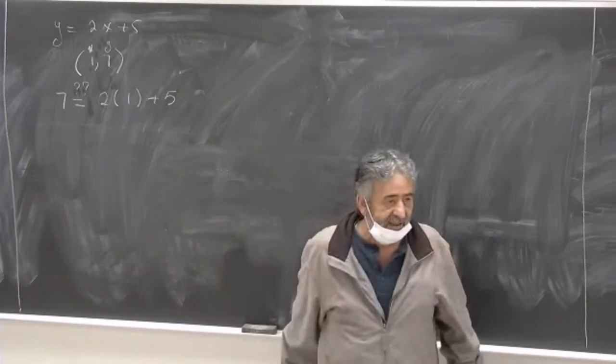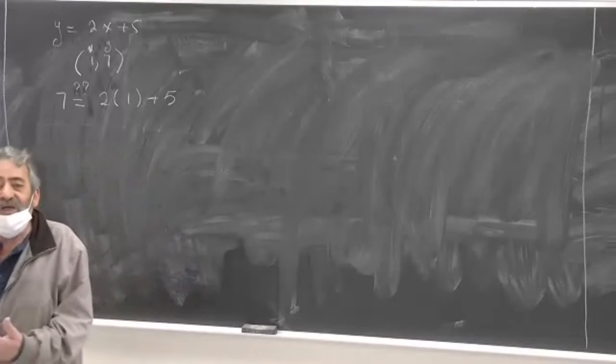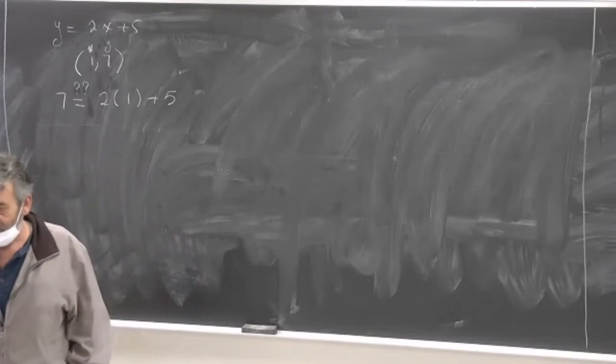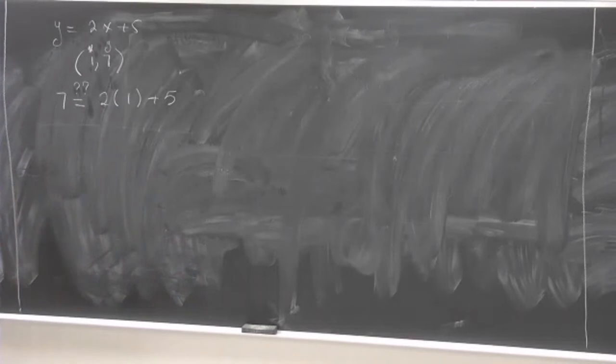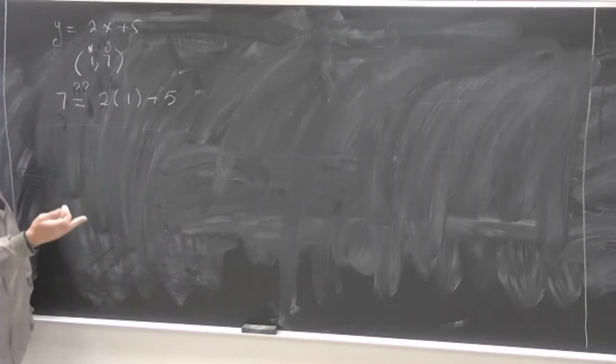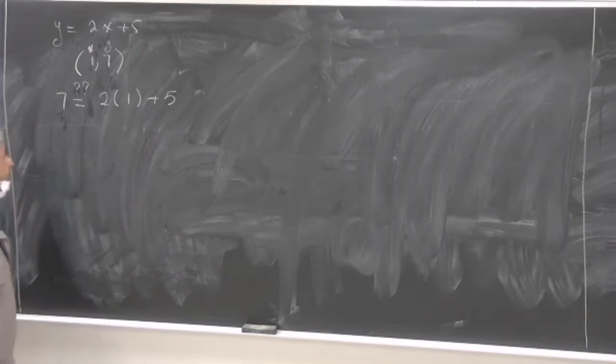Why? Because you're questioning. At the end, you will decide, are they equal or not? And then you can put equal or put not equal. So on this side, we only have one number. I don't have to do much with it. Here, I need to simplify and see what I get.